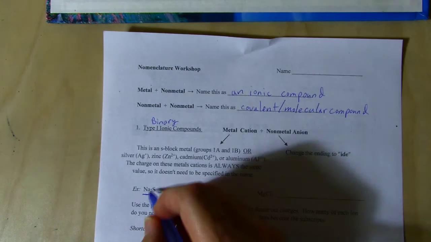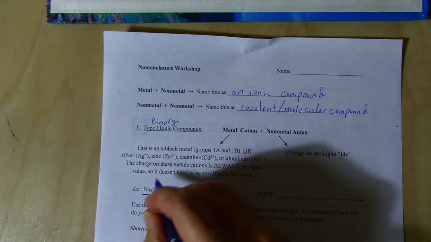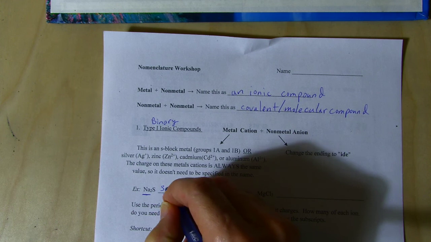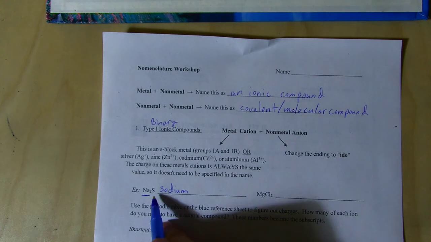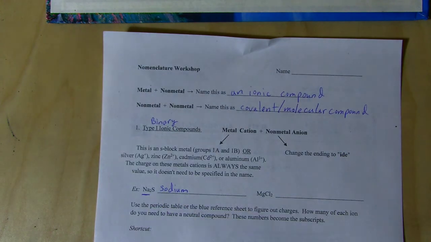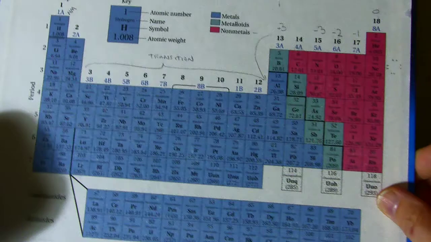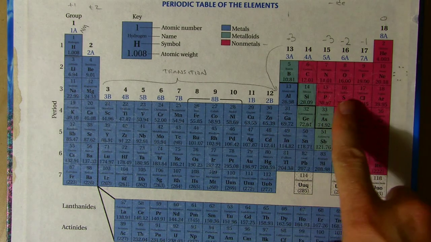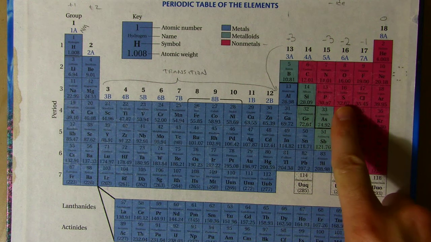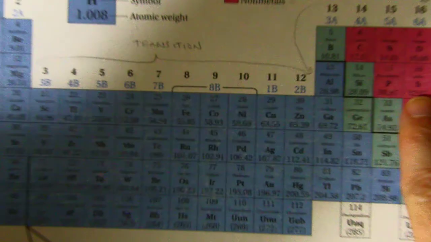Since the metal is first, you're going to write its name first: sodium. Okay, so what about S? You look on your periodic table. So we find S. Where's S? S is here. So what is the name of that element?